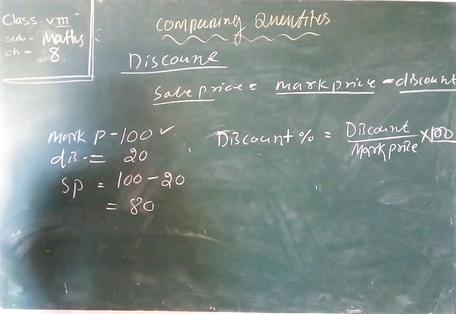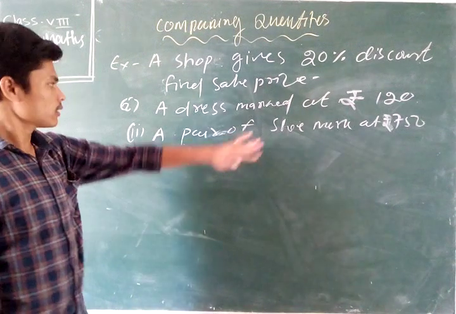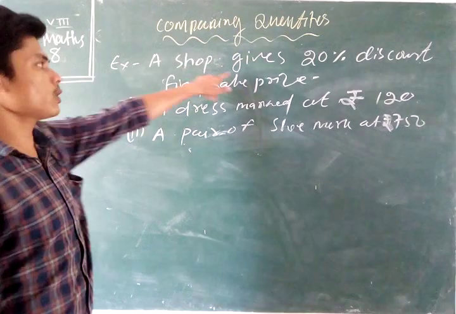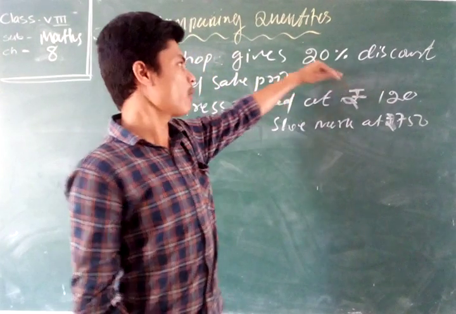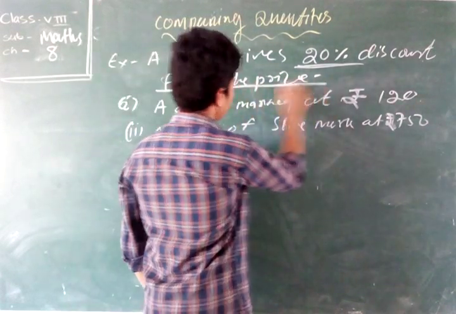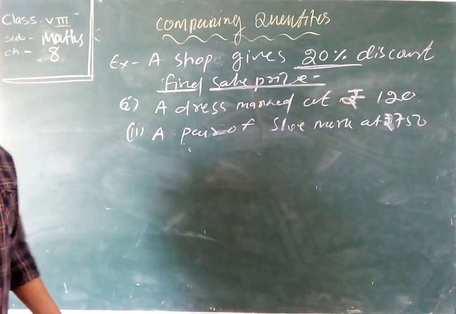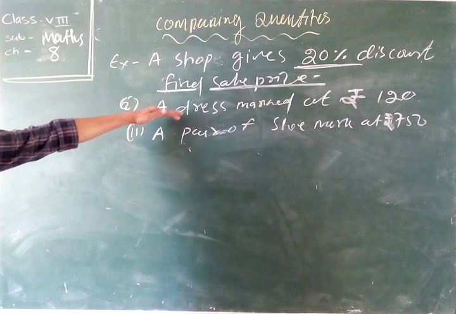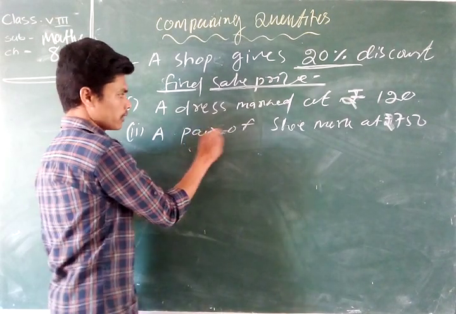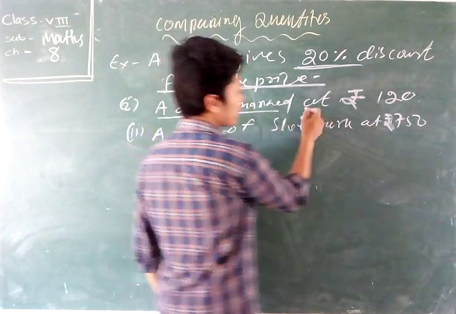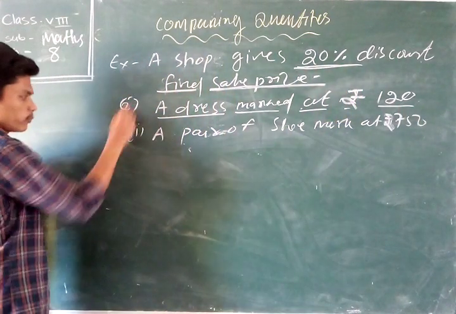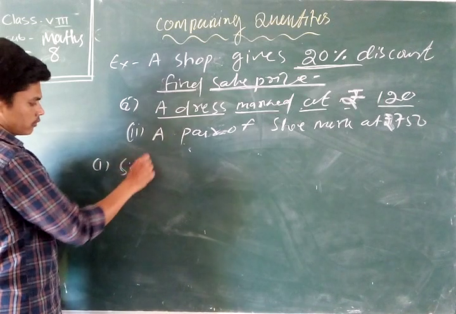See, the question is here. We discuss discount. A shop gives 20% discount, and we want to find the sale price. The article is marked at rupees 120, and the discount is 20%. Now the solution.